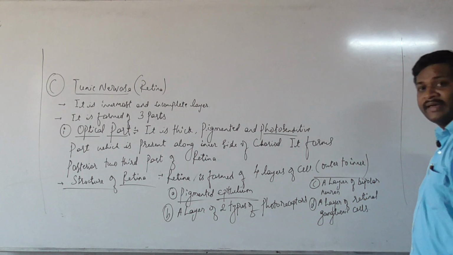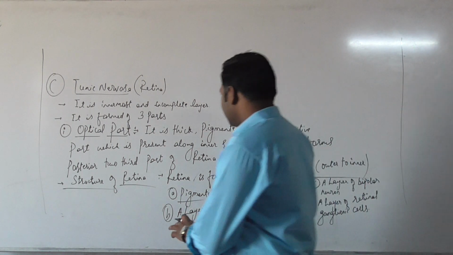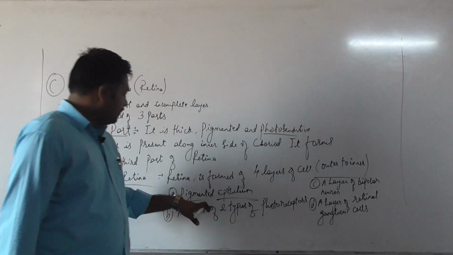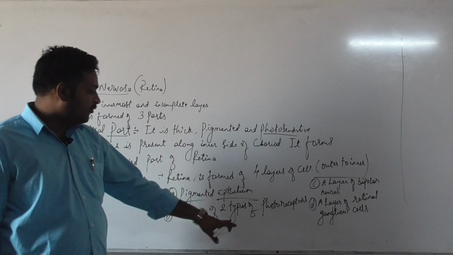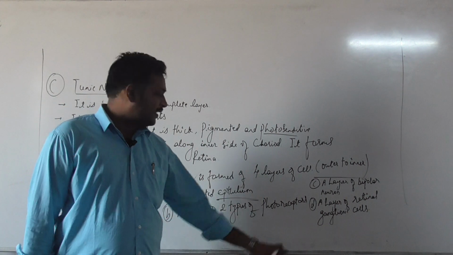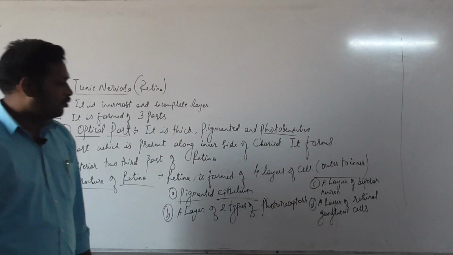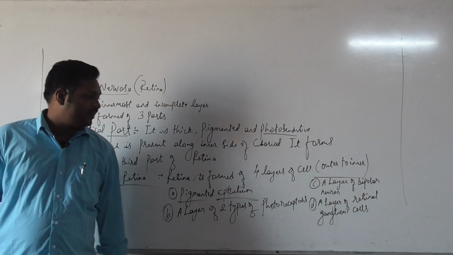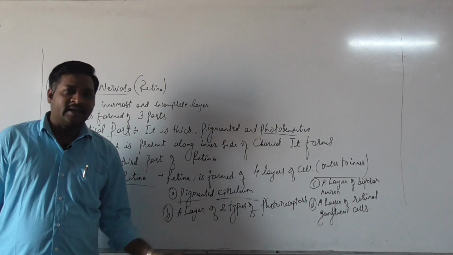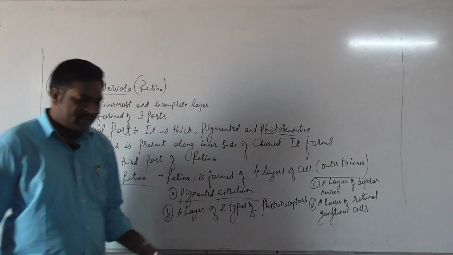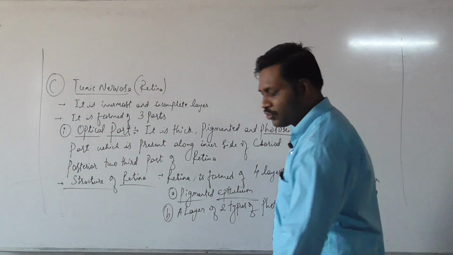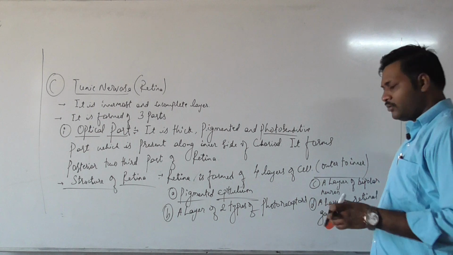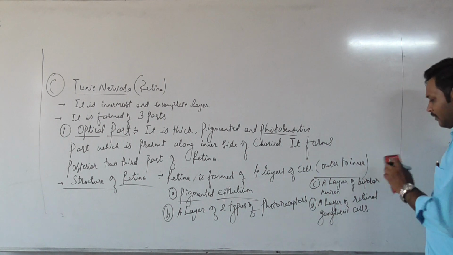So these are the 4 parts: the pigmented epithelium, the next is the layer of 2 types of photoreceptors, the next is a layer of bipolar neurons, and finally a layer of retinal ganglionic cells. These are the structures that we are going to study further now. You can pause the video and note down the points.